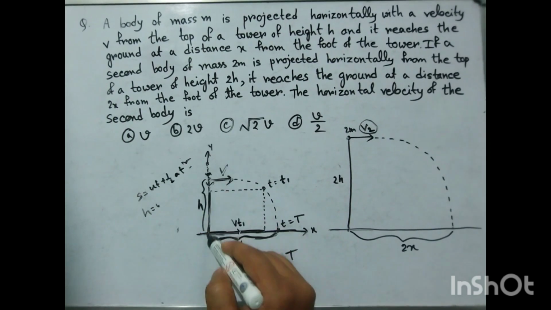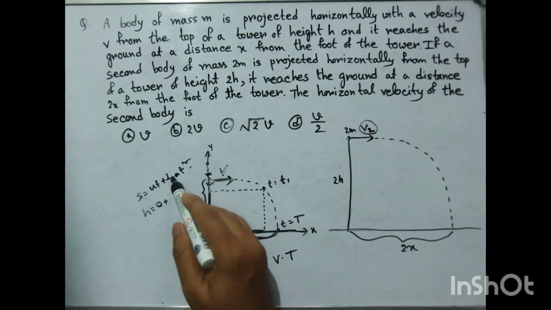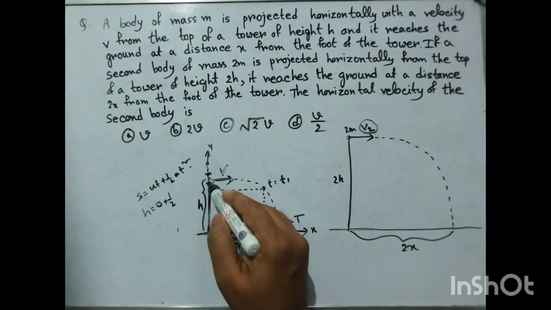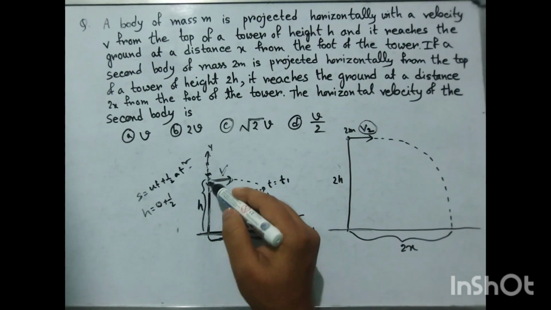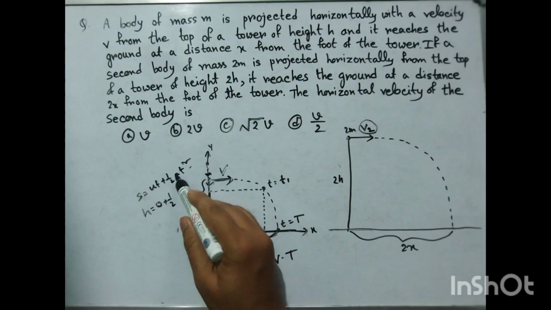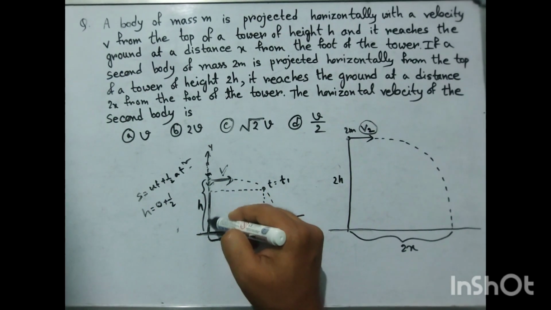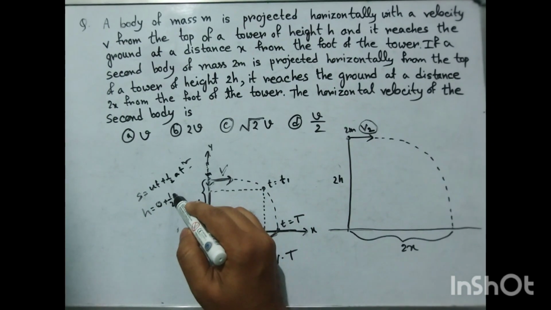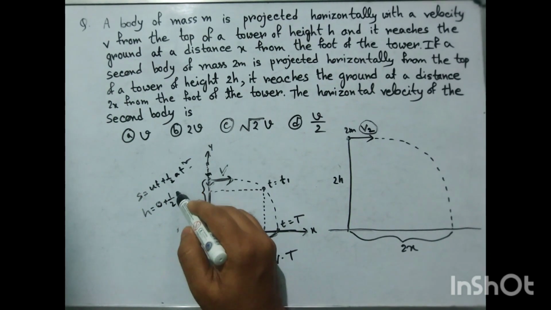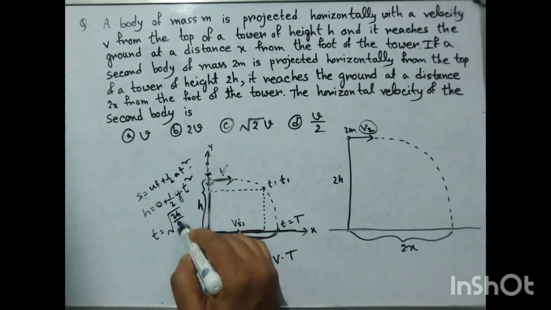Here s is h, u is 0, and a is g, acting towards the displacement vector, so h equals half g t square. From this you can find t, and it will be root 2h by g.